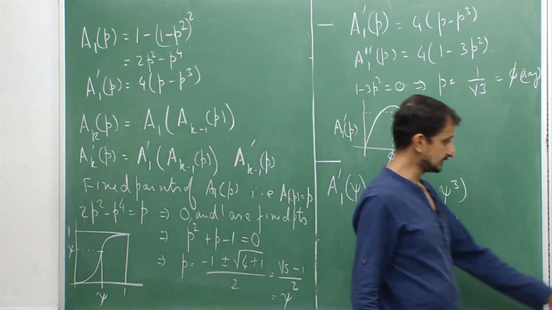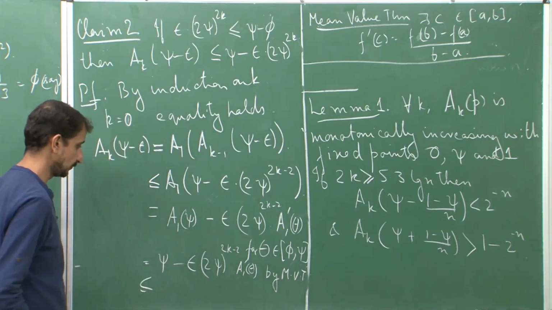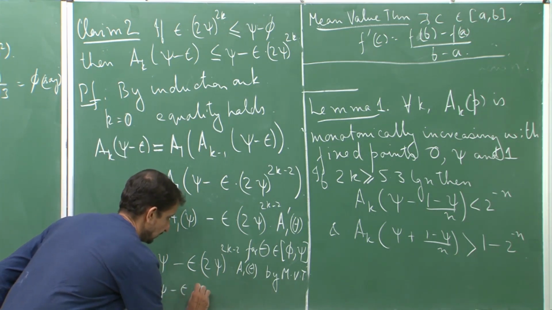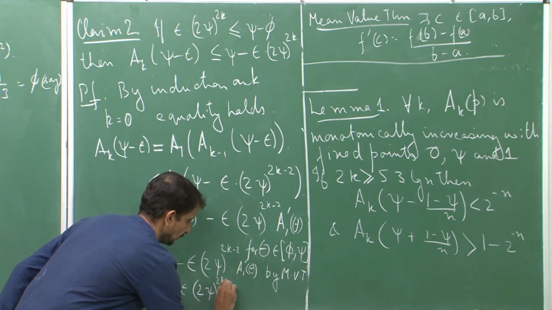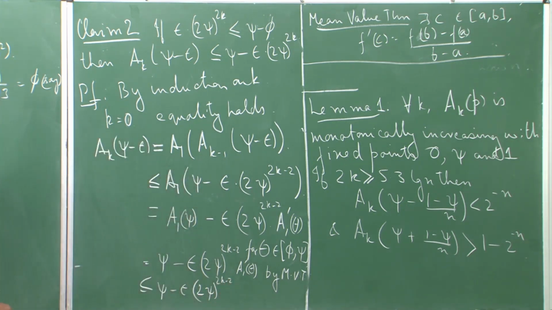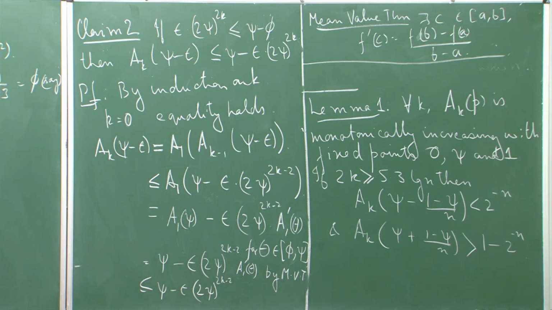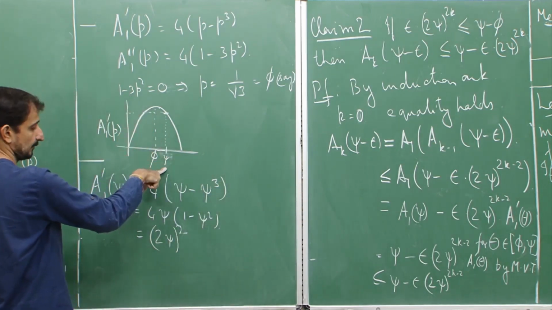Now we can use the same upper bound. I have a negative over here, so this is upper bounded by psi minus epsilon, 2 psi times 2 k minus 2, and I will just skip a step over here. So, a 1 prime of theta is lower bounded by a 1 prime of psi.